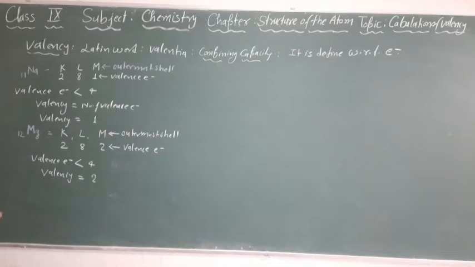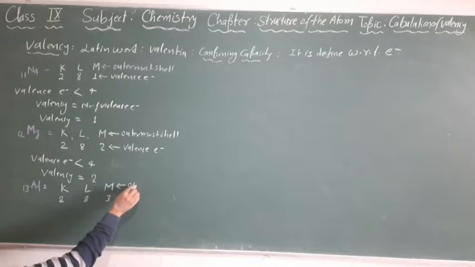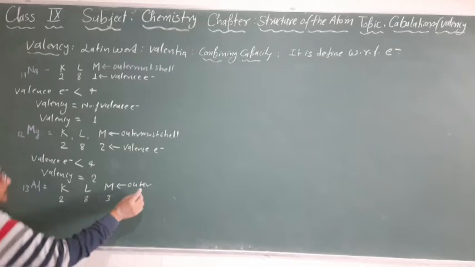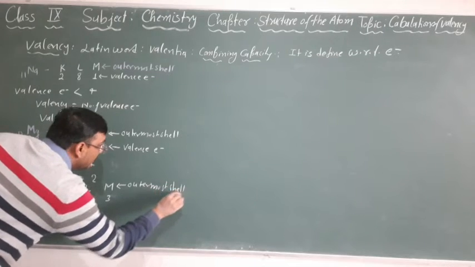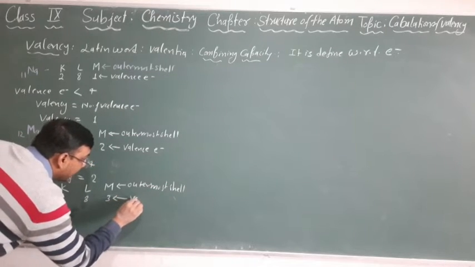You got it? Then aluminium 13, here K L M is 2 8 3. This is the outermost shell, and the outermost shell has the valence electrons.